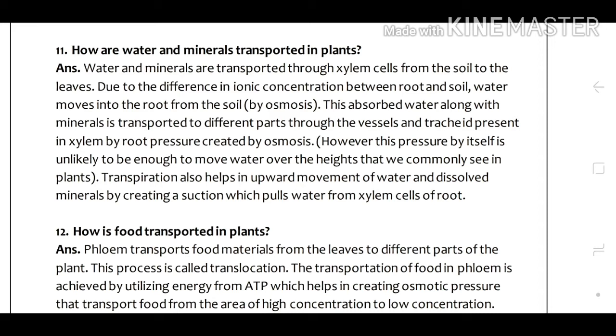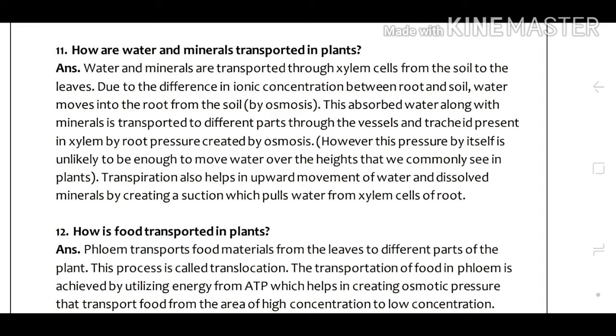How are water and minerals transported in plants? Answer. Water and minerals are transported through xylem cells from the soil to the leaves. Due to the difference in ionic concentration between roots and soil, water moves into the root from the soil by osmosis. This absorbed water, along with the minerals, is transported to different parts through the vessels and trachea present in xylem by root pressure created by osmosis.